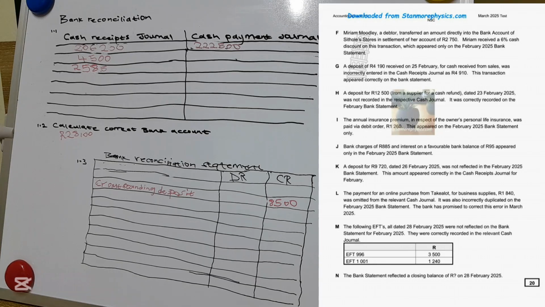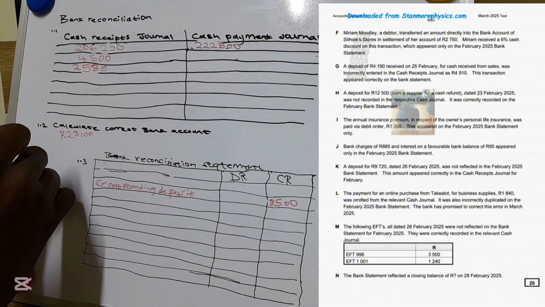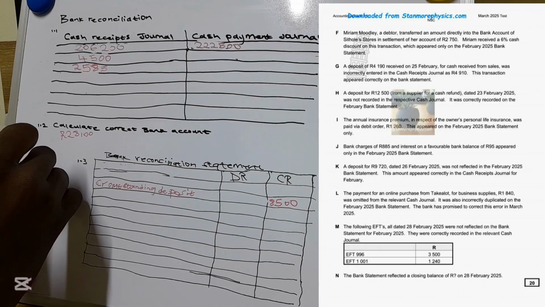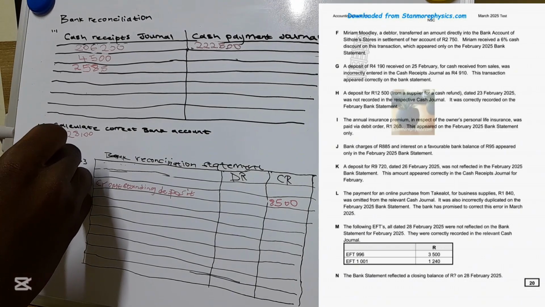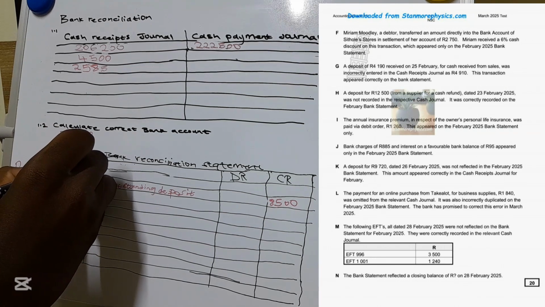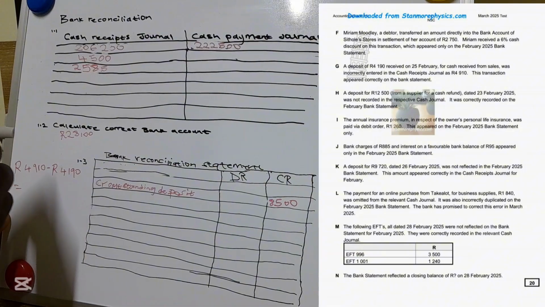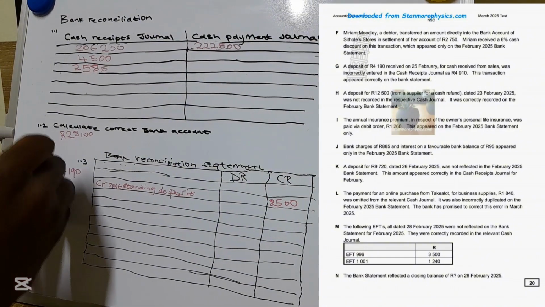What we're gonna do now, we have to calculate that difference first. We have to get the difference, meaning we're gonna say 4,910 minus 4,190, which is going to give us 720.